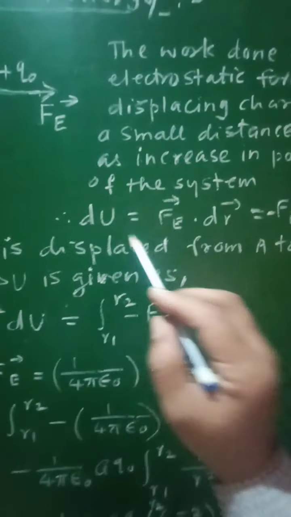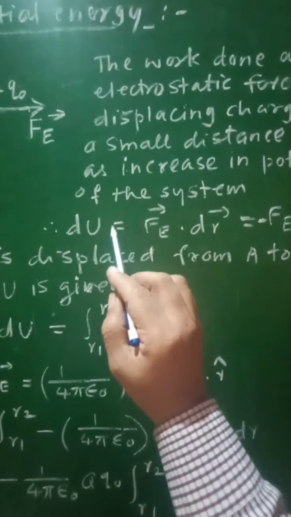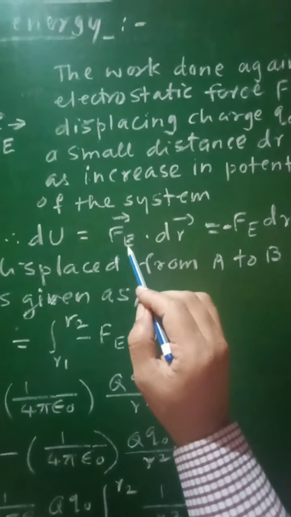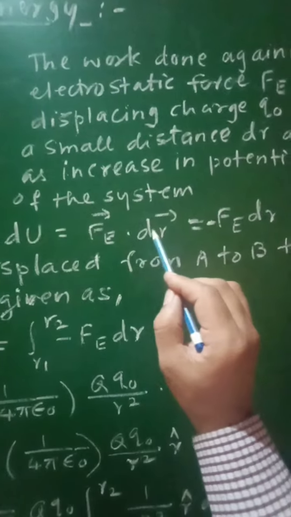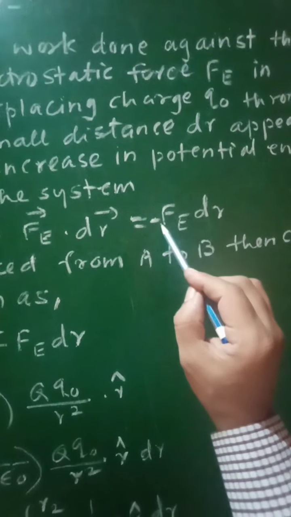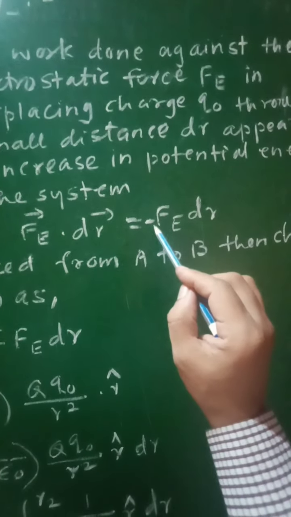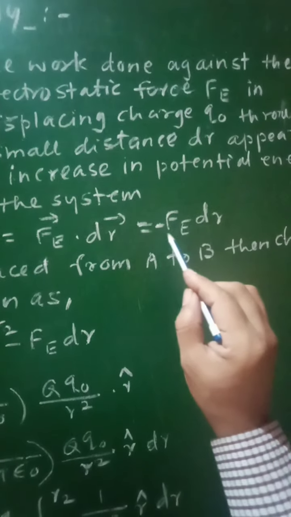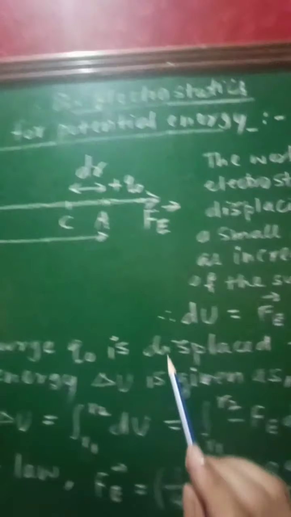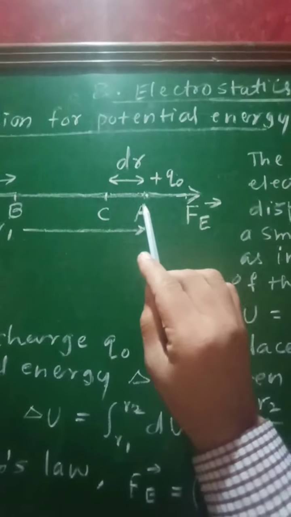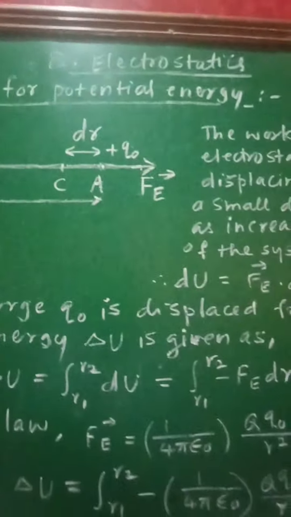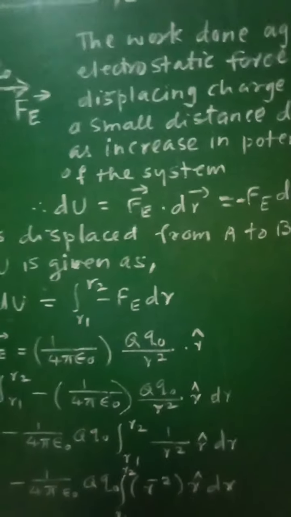Therefore that increase in potential energy of the system dU is equal to the dot product of this force Fe and displacement dr, which will be written as minus Fe into dr. Here the negative sign indicates that the force Fe and the displacement dr are oppositely directed, because from the figure Fe is directed towards right while displacement dr will be directed towards left, and therefore the negative sign will appear there.